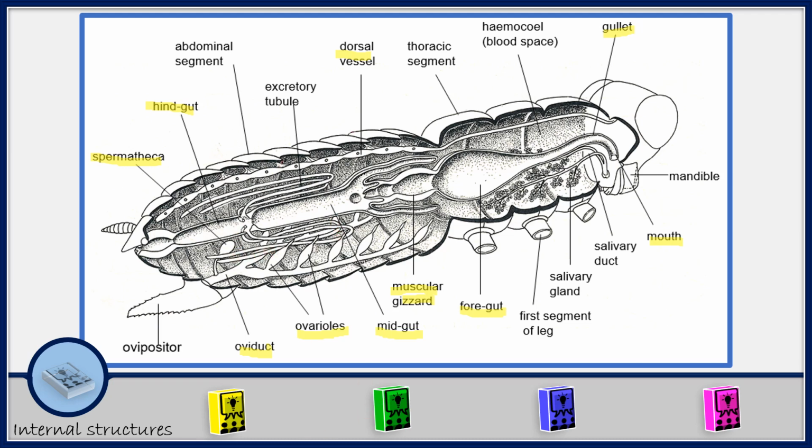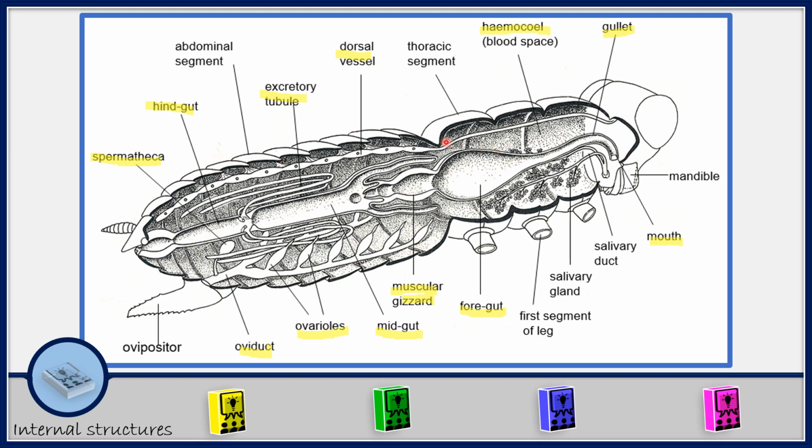Those ones we have called the excretory tube. And we have said that the whole space that we are seeing inside there, where the organelles are embedded, that whole space, we call it the haemocoel, or the blood space.